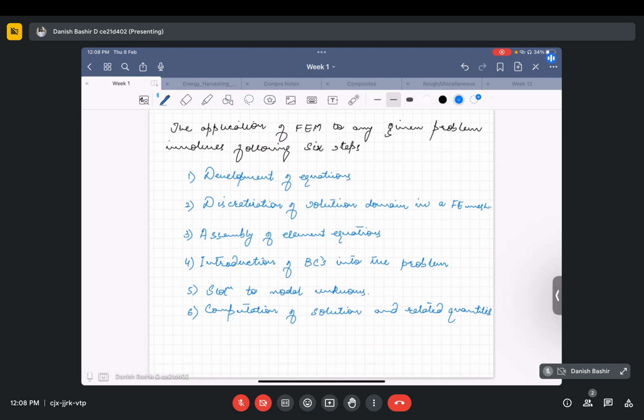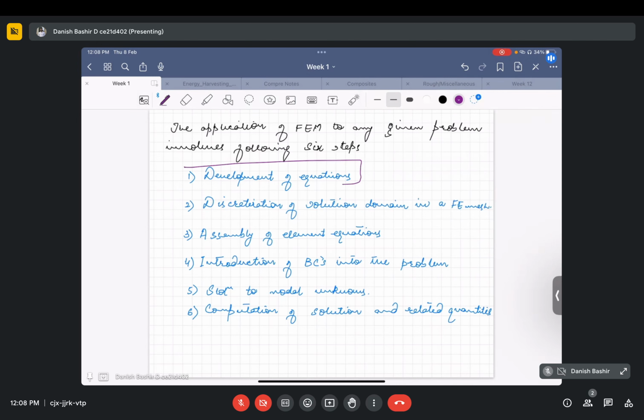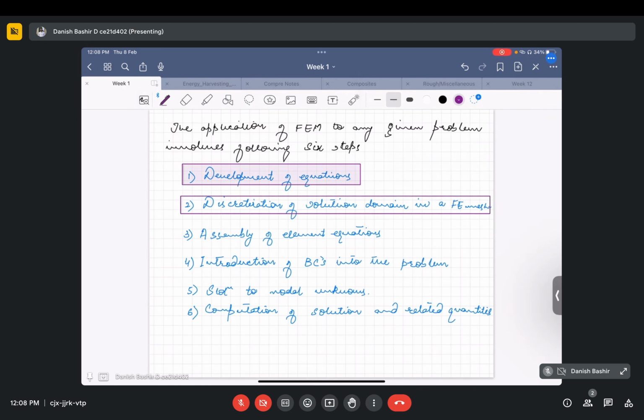Okay, so this is the basic flow chart of how we have to deal with it. Let me make it a little more understandable. The first step is the development of the element equations, and the second step is finite element meshing.